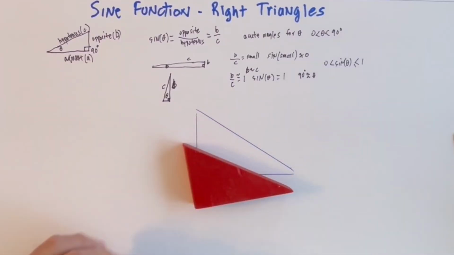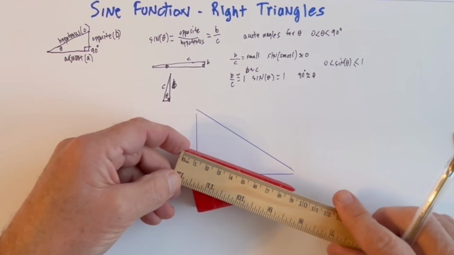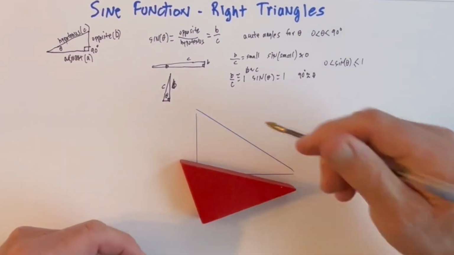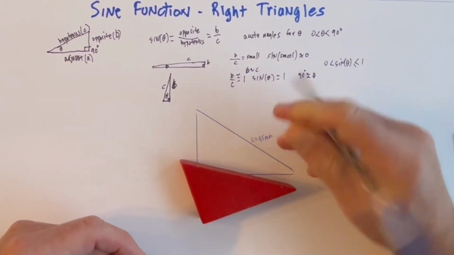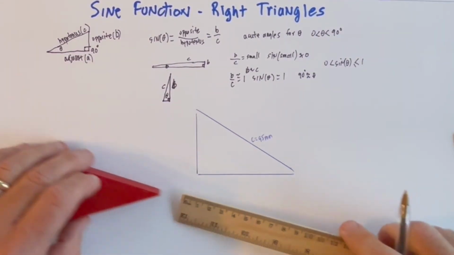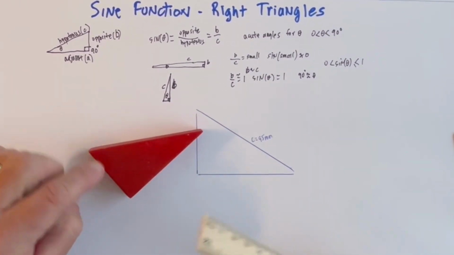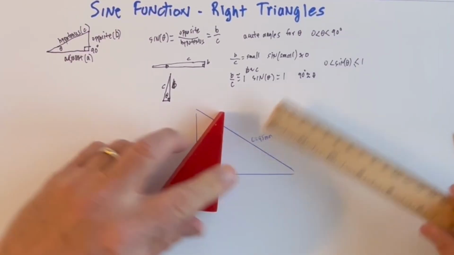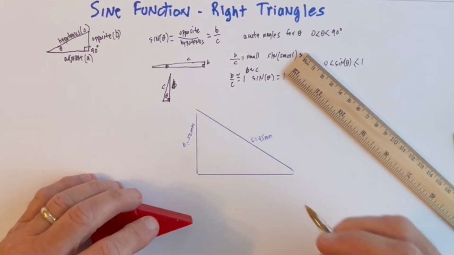Now I'm going to measure these distances. We'll use a millimeter scale. That looks like about 95. So the hypotenuse, C, is 95 millimeters. Now the opposite, B, which is this one over here, comes out to about 50 millimeters.